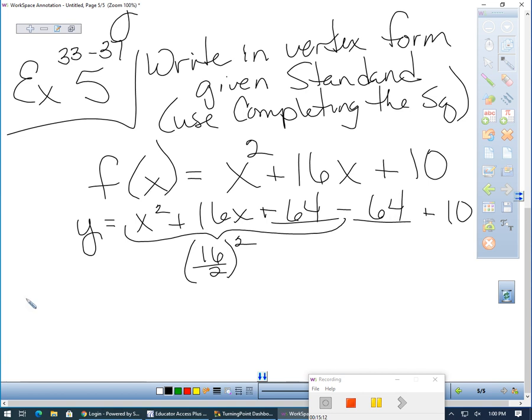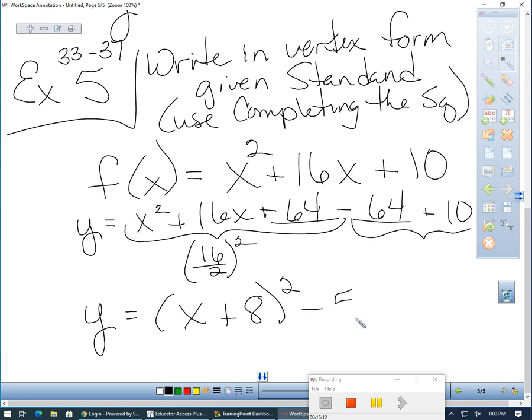Now we write it as a perfect square. Y equals x plus 8 squared. Then we combine our last two terms together. Minus 54. Well, no, you combine that with the 10 that was on the end.